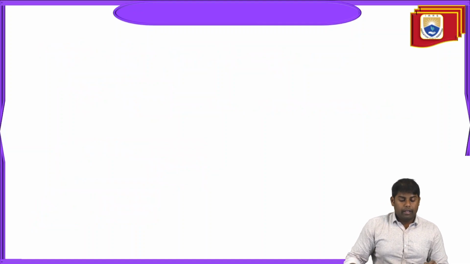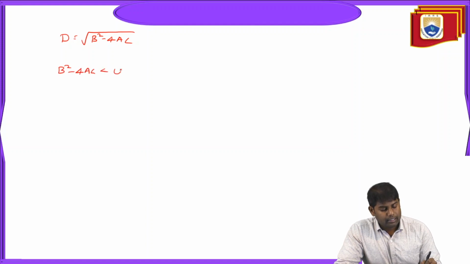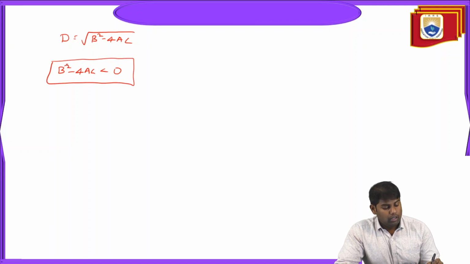So again we'll write, basically discriminant, which is under root of b square minus 4ac. So let us take this. If b square minus 4ac is less than 0, then the b square value is less than 4 into a into c value.